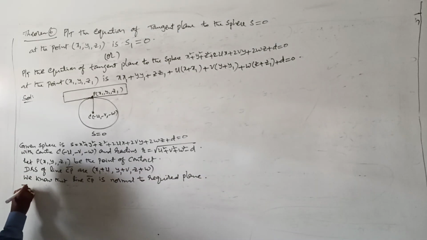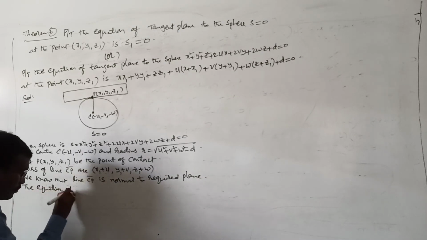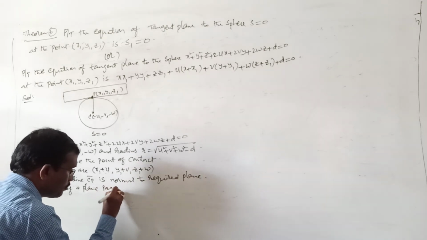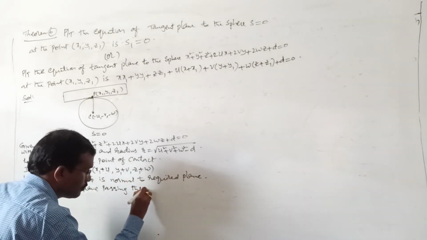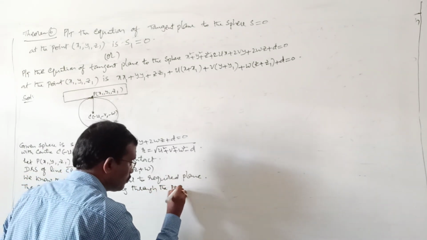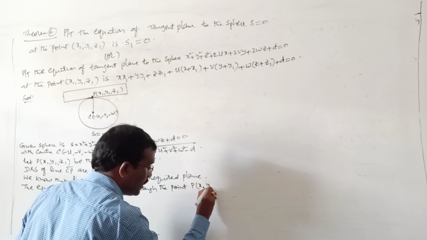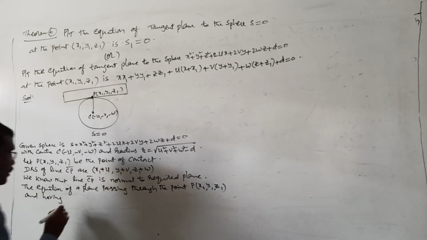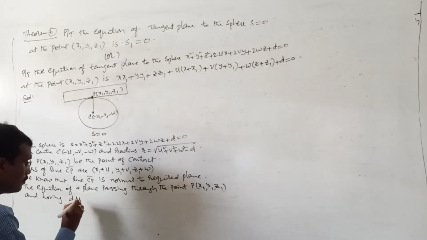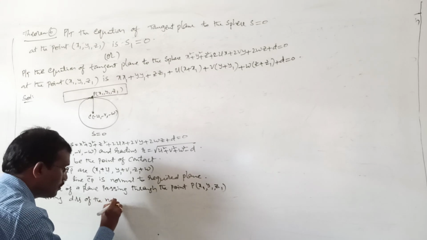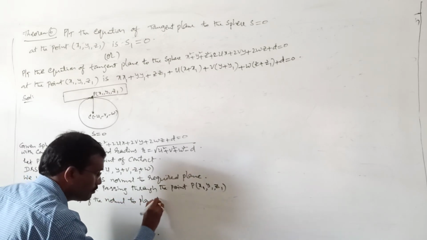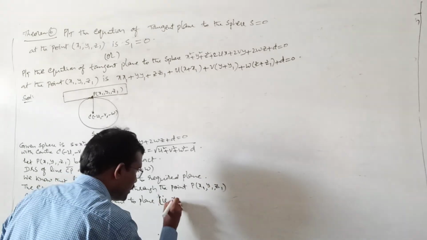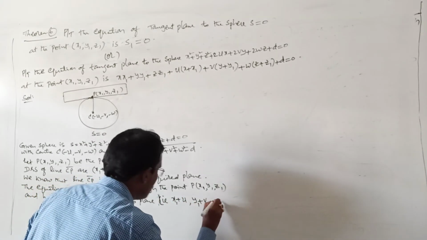The equation of a plane passing through the point P x1, y1, z1 and having DRs of the normal to the plane, that is in terms of the normal to the plane, in brackets I am writing, it is x1 plus u, y1 plus v, z1 plus w.